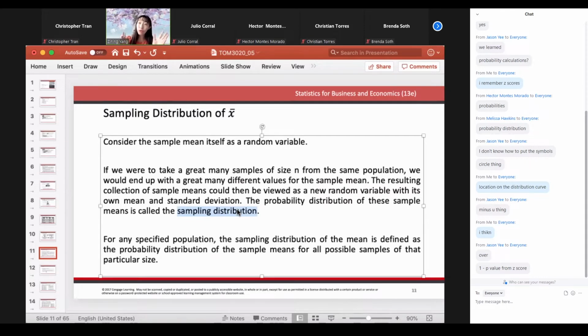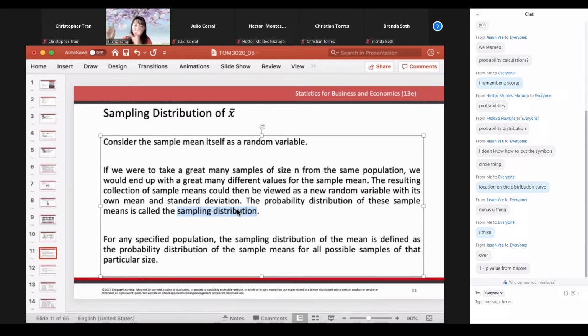In order for us not to confuse ourselves, a probability distribution for the population, for the 900 SAT scores, is what we learned how to deal with last week. This week, we don't deal with the raw number, the raw SAT score.